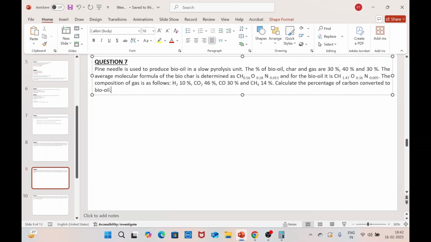Once you have the average molecular weights of biochar, bio oil and the gas generated, flue gas, you can find the number of moles, because you know the amount of oil, char and gas present in your system. From the number of moles, you can find the percentage of carbon in each, the number of moles of carbon in bio oil, biochar and gas, and so come to know the carbon present in the bio oil.